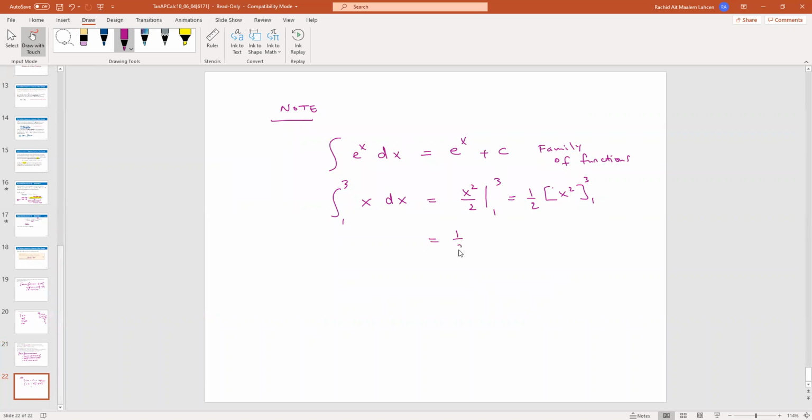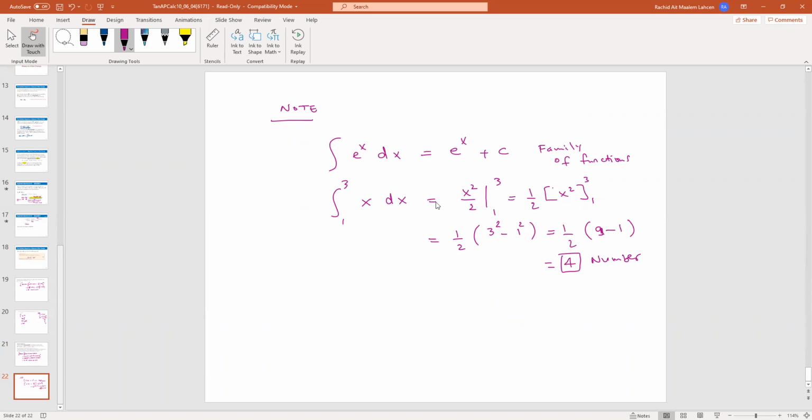Then half is going to be 3 squared minus 1 squared, which is 9 minus 1, which is 8, and 8 divided by 2 is 4. So you come up with a number.